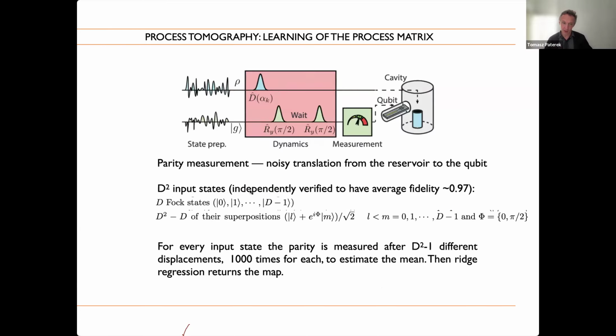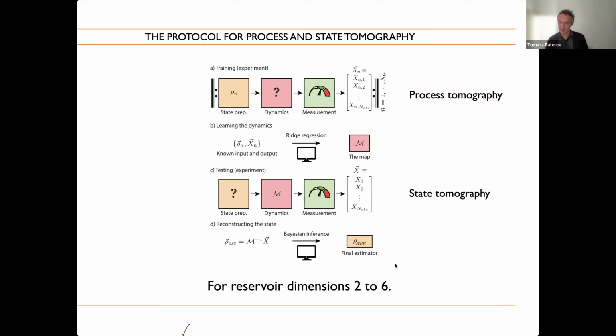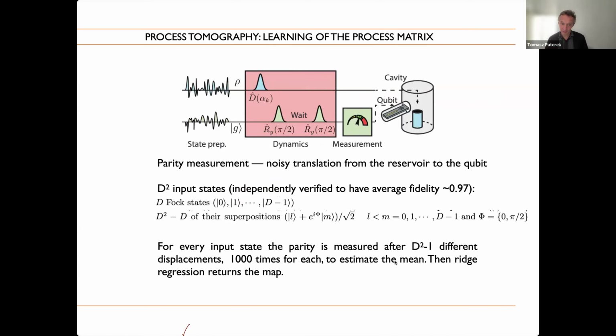I think I have an example here. They can prepare Fock states, which means there are 0 photons or 1 photon or 2 photons, exactly those numbers in the cavity, up to 6. And they can also prepare superpositions of this form, where you have some fixed number of photons in the cavity, plus another fixed number of photons in the cavity, with a phase.